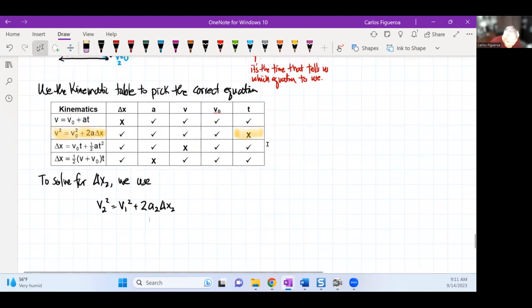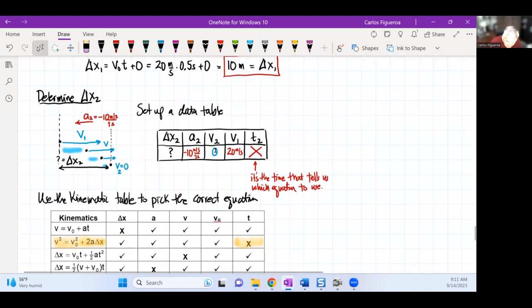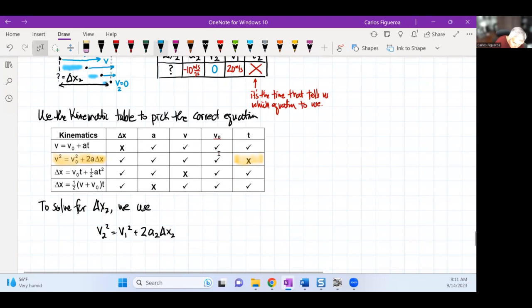So now, look at my kinematics equations. Velocity 2 is 0, right? This guy is 0.